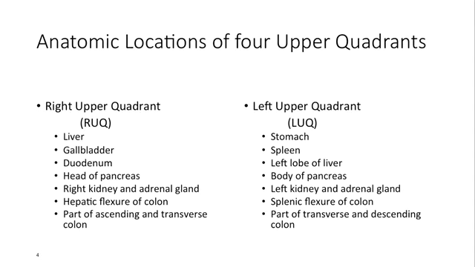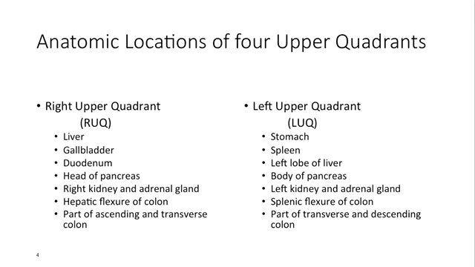You do need to know where all of these organs are and which quadrant. You need to know them for this course, probably for your next exam. You also need to know them because these are really important organs that can cause your patient's problems. So regardless of where you work or what you do, everything involved in the abdominal cavity is important to know.